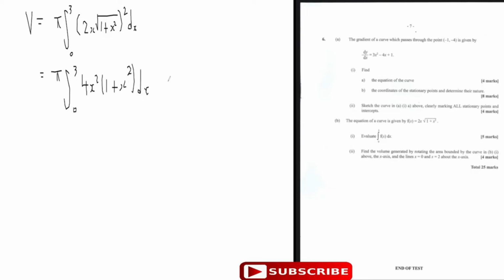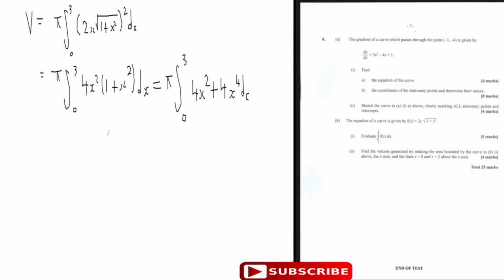And I get pi times the integral from 0 to 3 of 4x squared times 1, that's 4x squared, plus 4x squared times x squared, which is 4x to the 4th power, dx.